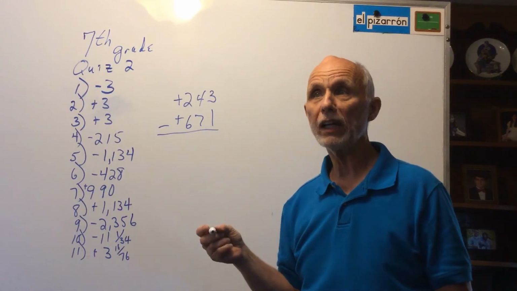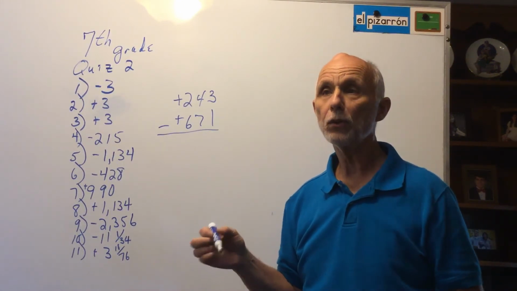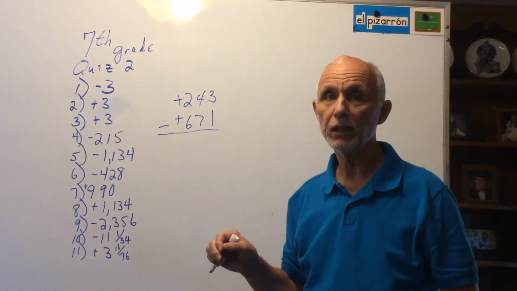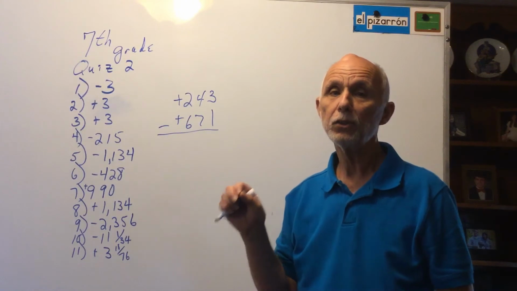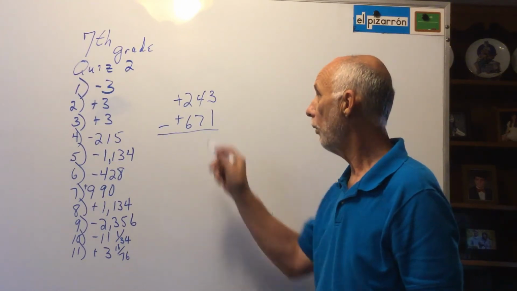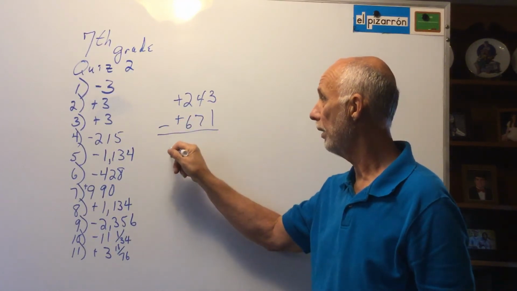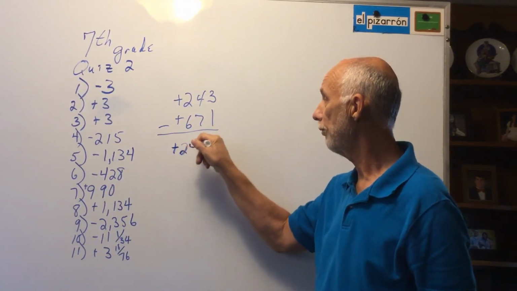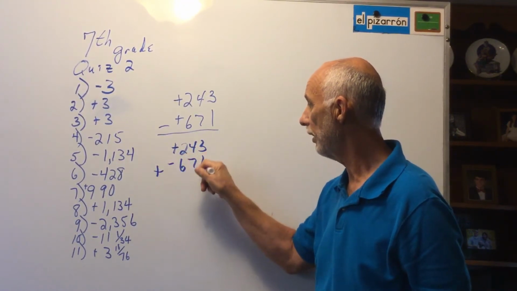The rule for subtraction is make it into an addition problem. And you don't just poof, make it addition. To make it addition, you have to change the number you're subtracting by to its opposite. So a positive 243 minus a positive 671 becomes a positive 243 plus a negative 671.